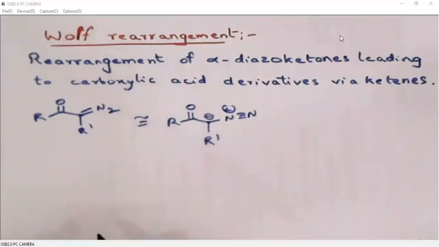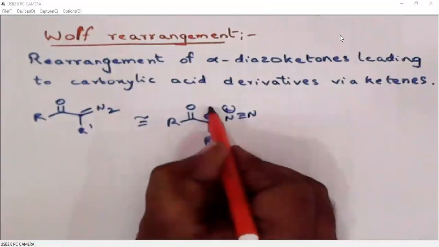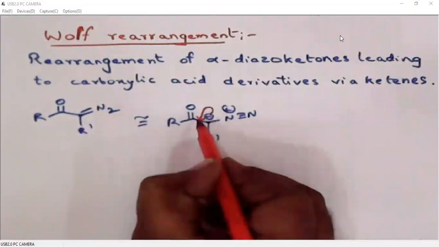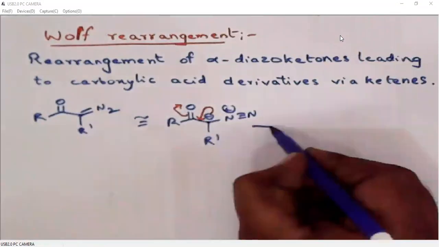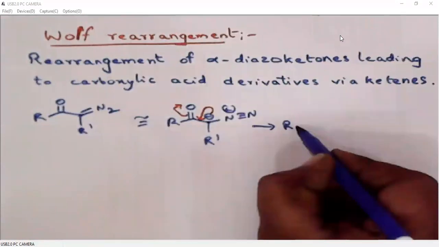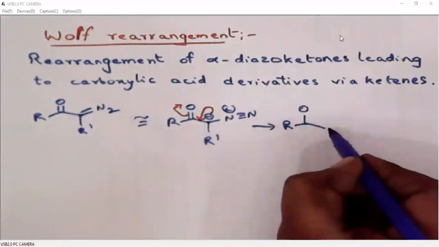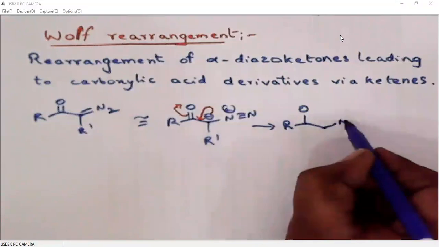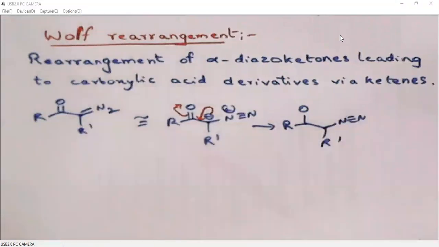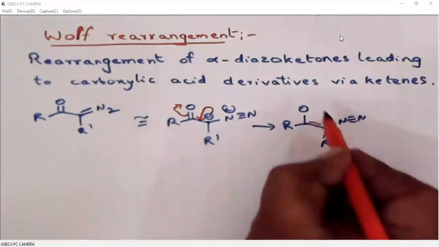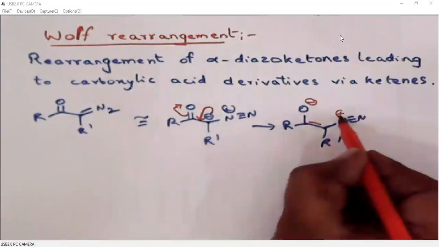When it is heated, the negative charge will be polarized towards carbonyl. So the carbonyl double bond will break. We have a double bond here, a negative charge, and of course a positive charge on nitrogen.